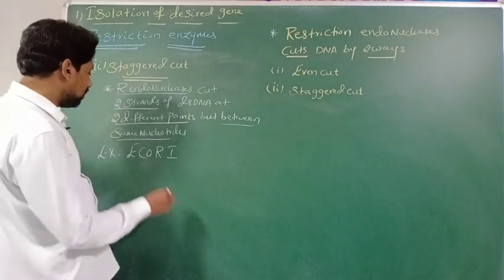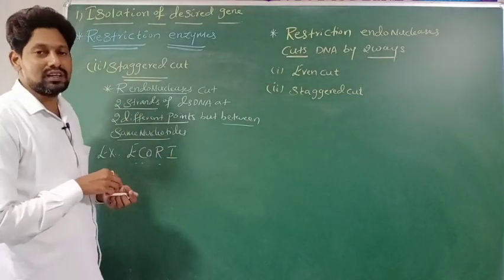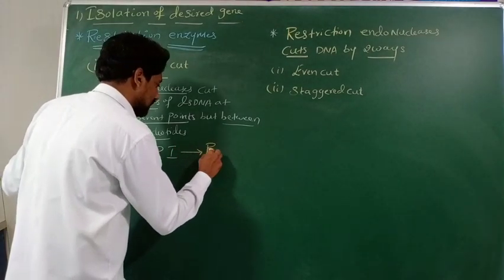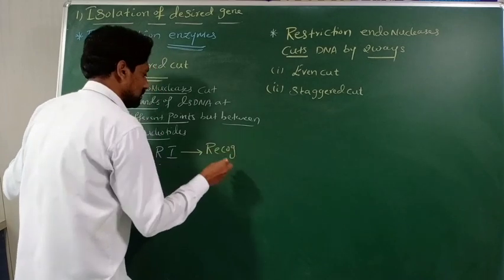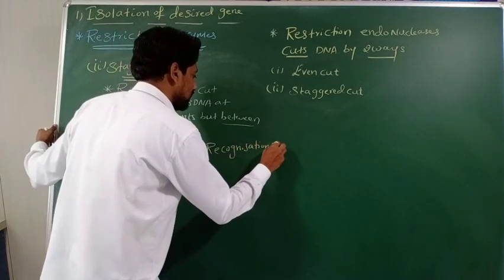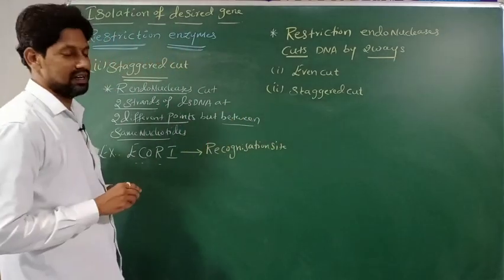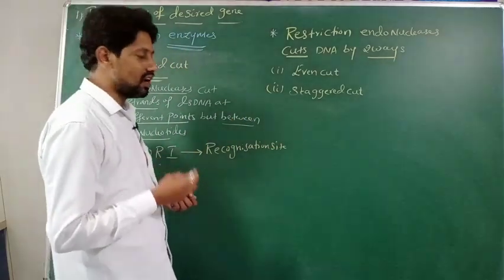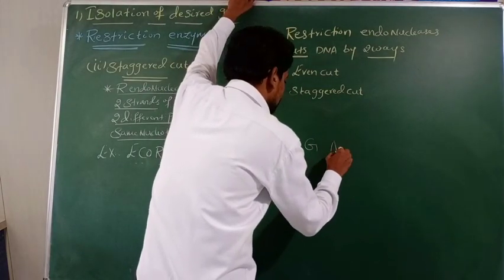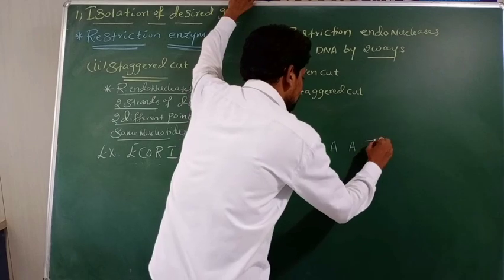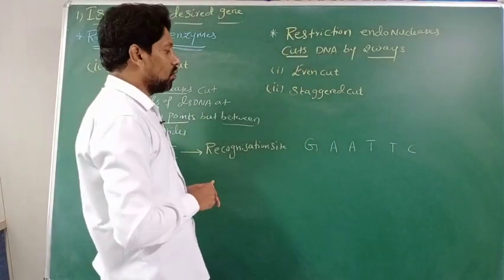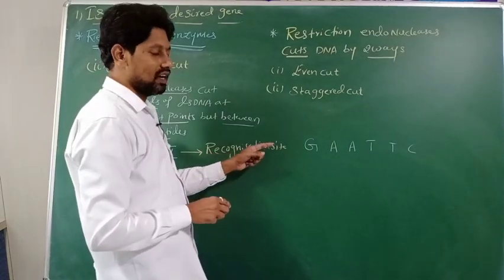Right. Now, for EcoRI, what is the recognition site or restriction site?